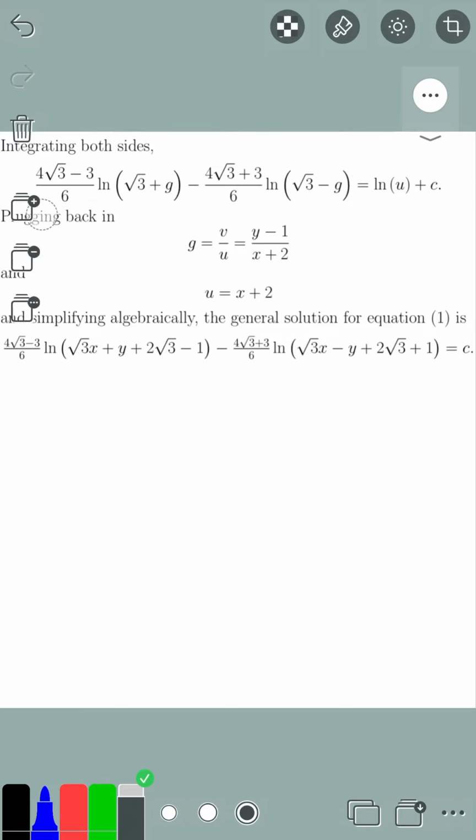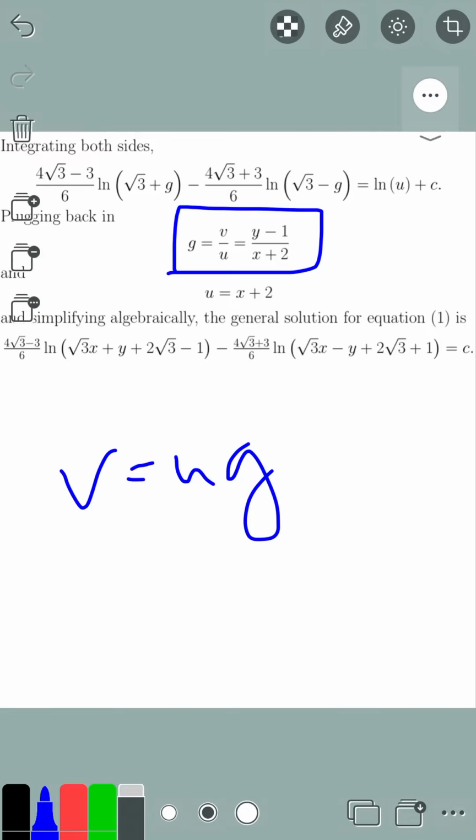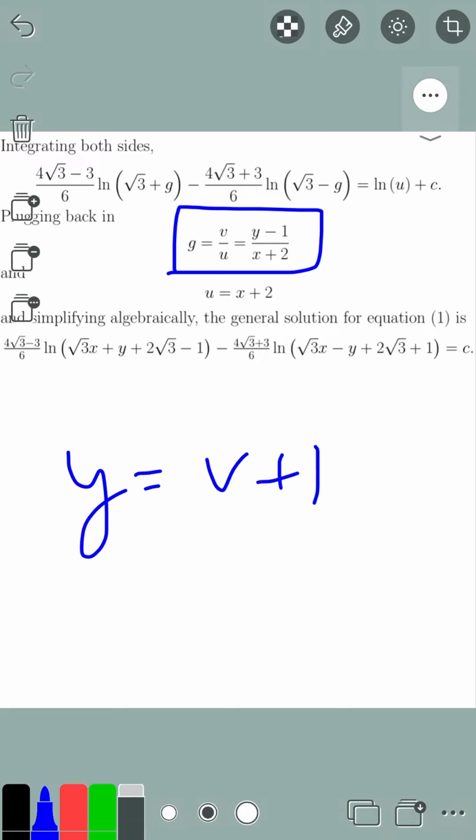Now we need to plug back in the g and the u. We substituted v equal to ug, so g is equal to v over u. Since y is equal to v plus 1, v is equal to y minus 1. We substituted x equal to u minus 2, so u is x plus 2.